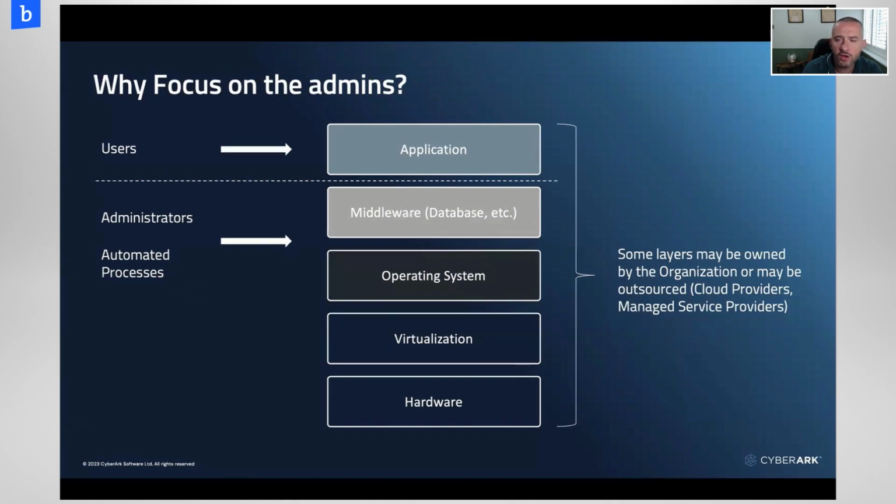They have those far-reaching privileges that if they can take over an administrator account or that of an automated process, and I'll come back to that in a second, then it's going to give the attackers that step up. They have the elevated access rights to a lot of the underlying systems, which as a consequence gives them access to data. Think about database administrators.